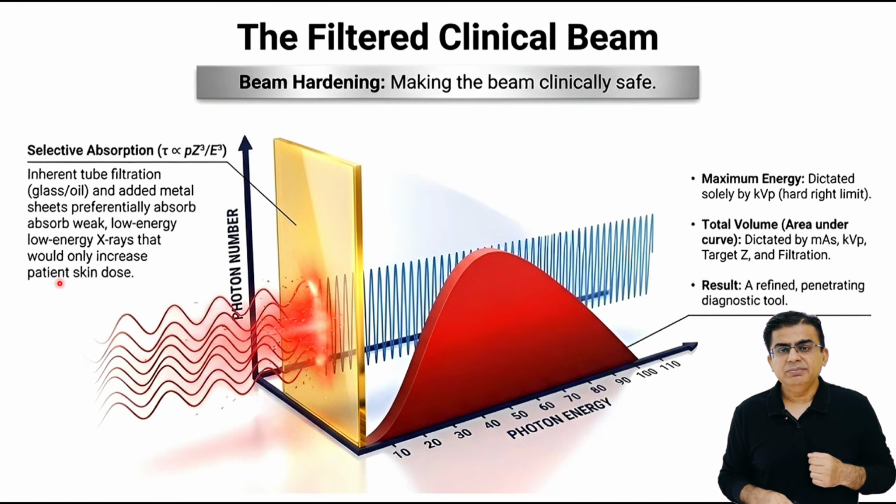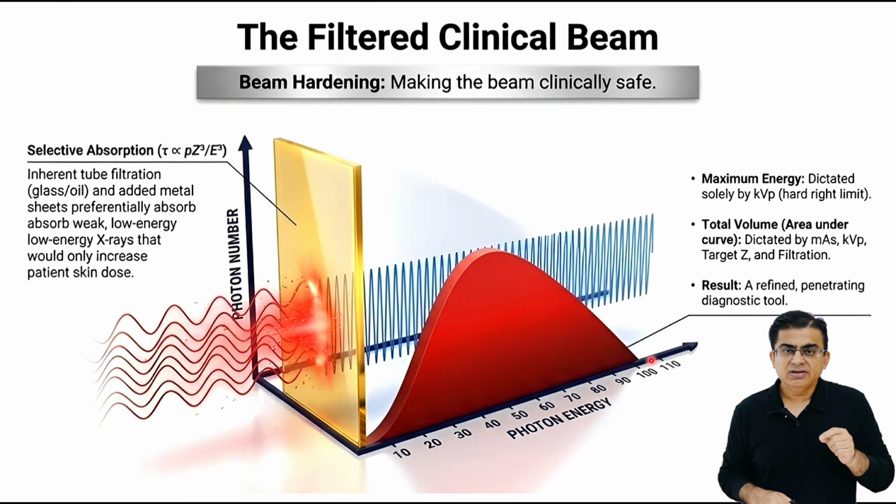This is how the Bremsstrahlung X-ray radiation spectrum looks after the filter is applied. This is the filter. Notice now the beautifully refined red curve after it passes through this filter. Notice very carefully the shape of the curve.